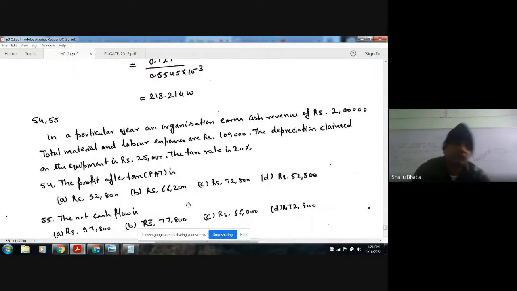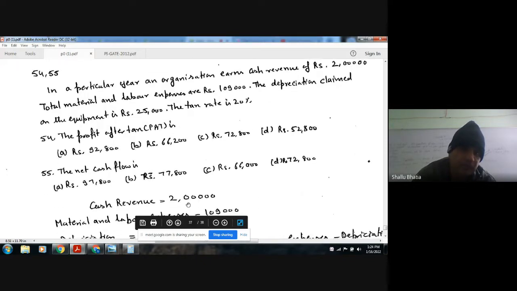Next, in a particular year, an organization earns cash revenue of rupees 200,000. The tool, material, and labor expenses are 109,000. The depreciation claim on the equipment is rupees 25,000. The tax rate is 20%.